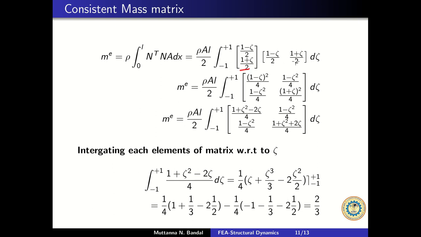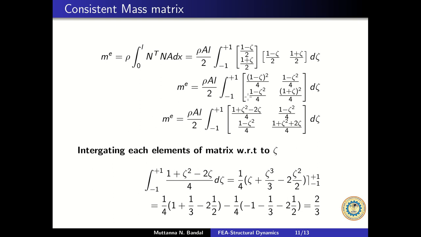Similarly, you multiply this and it will be 1 plus zeta whole square divided by 4. Once we multiply, you can expand these quadratic terms. It is a minus b whole square, so 1 square plus zeta square minus 2 zeta, divided by 4. 1 minus zeta square by 4 as it is, and this term as it is, and 1 plus zeta whole square is equal to 1 plus zeta square plus 2 zeta, by 4.